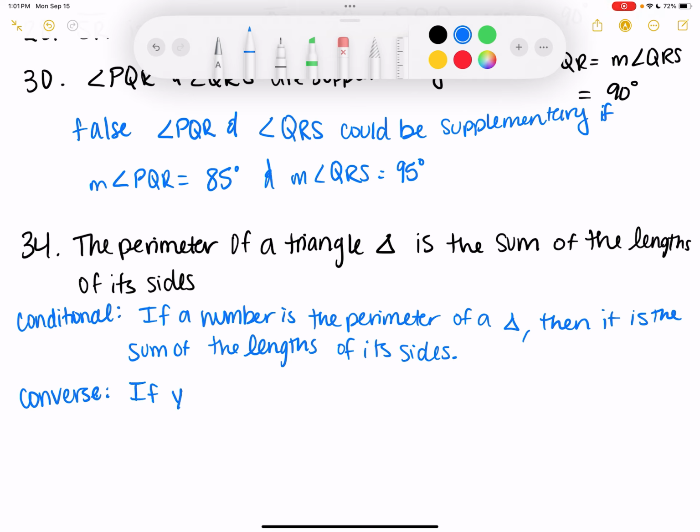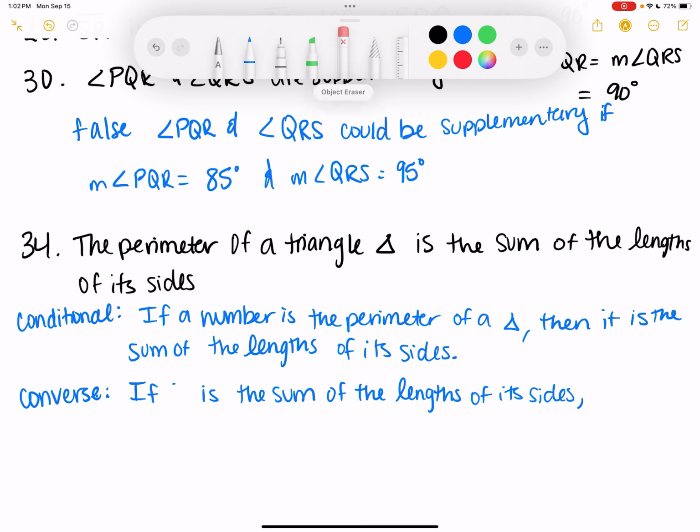So if a number is the sum of the lengths of its sides, then it is the perimeter of a triangle.